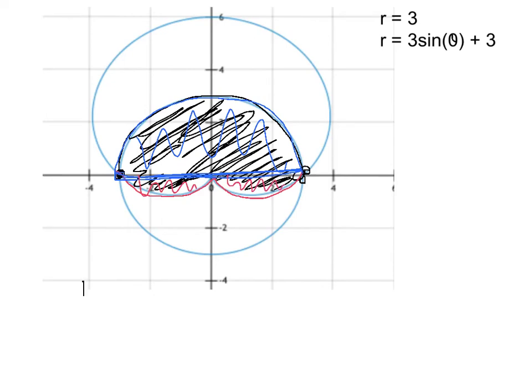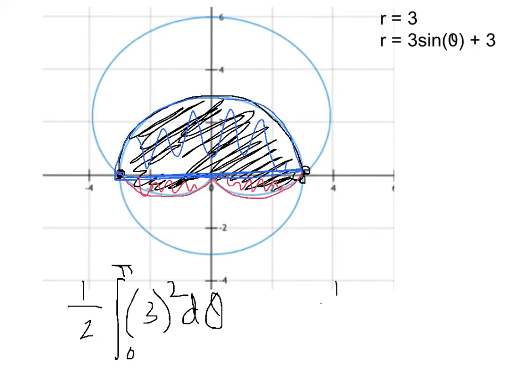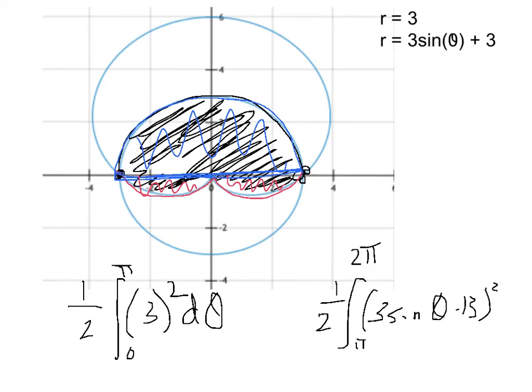So the first one would be 1/2 from 0 to pi of 3 squared d theta. That'll give me that top shape. The second would be 1/2 from pi to 2 pi of 3 sine theta plus 3 squared d theta.